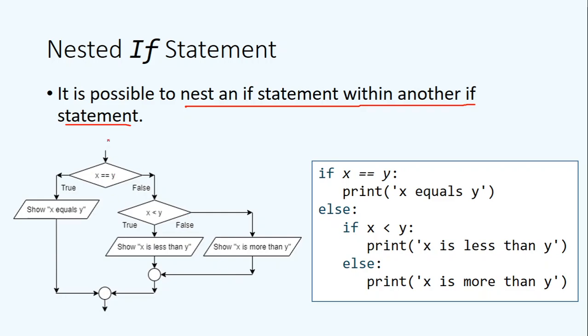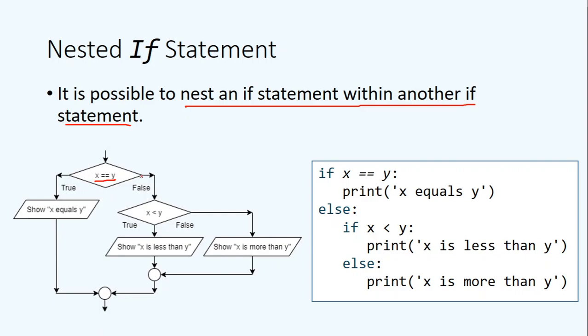So here you can see I have a much more complicated flowchart, where first of all, the first diamond shape right here has a condition that compares whether x is equal to y. This condition will lead to two different outcomes, either true or false. When it's true, notice here that I only show x equals y and I do not do anything other than that.